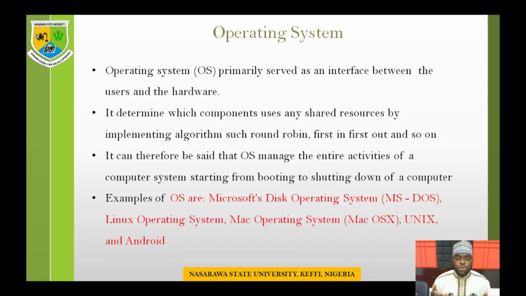Also, the operating system determines which users use any shared resources by implementing algorithms such as round robin, first in, first out, and so on. A computer ordinarily executes tasks one after the other, but the operating system is saddled with the responsibility of ensuring that the multiple applications within the computer are able to adequately share common resources like the RAM, the internal hardware, the printer, and network devices.